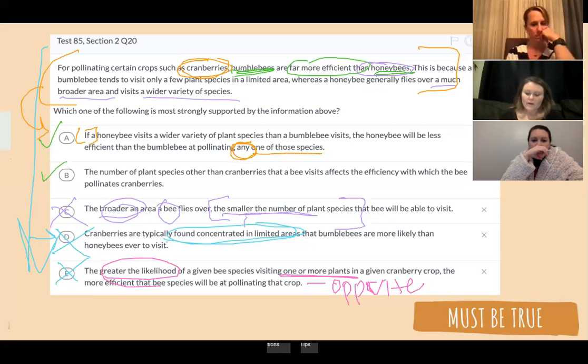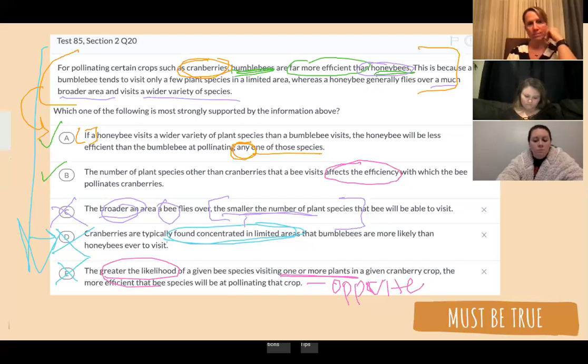How is B much more mild than A? Who knows that answer? Janati, how is B much more mild? I think A is way too strong, whereas B is definitely supported by the stimulus because we were just focusing on cranberries.